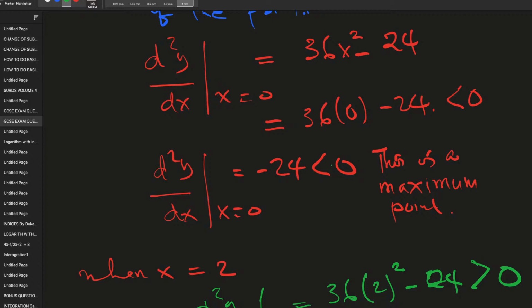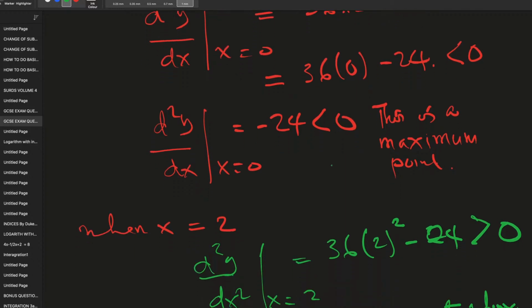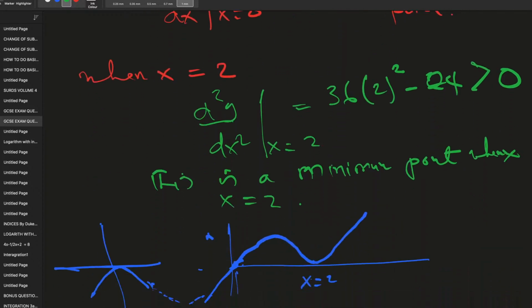One was x equals 0, and when we substitute x equals 0 into the equation, the answer we had was negative 24, which is less than 0. So that means the point when x equals 0 is the maximum point of the curve. Then when we put in x equals 2, our answer was greater than 0, and that is a minimum point.